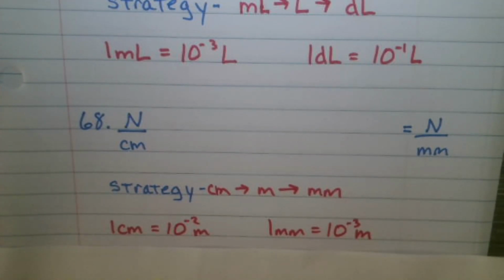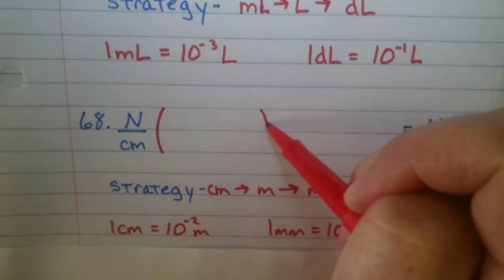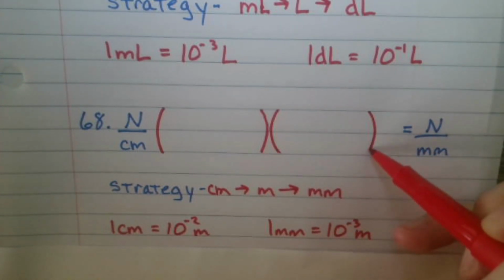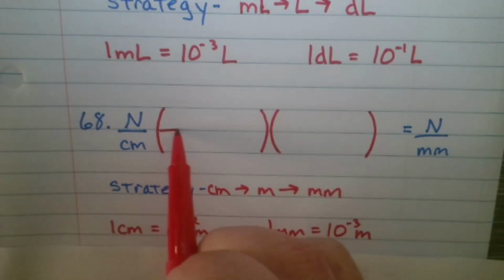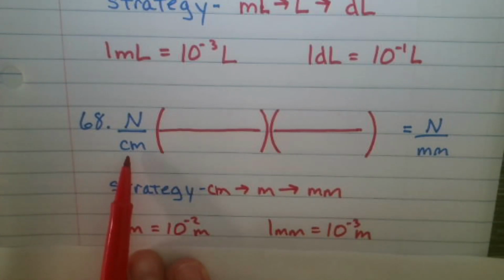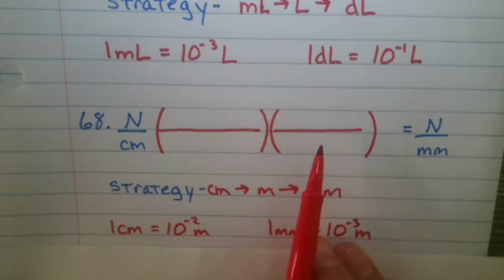So we'll do the same thing we did before. We know we'll have two conversion factors because anytime you have two prefixed units, you will need two conversion factors. So if you start off with a prefixed unit like centimeters, and you end up with a prefixed unit like millimeters, then you have to have two conversion factors.